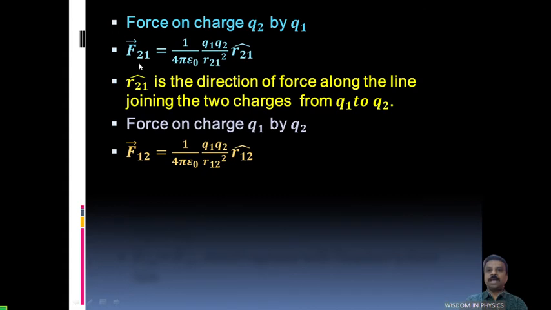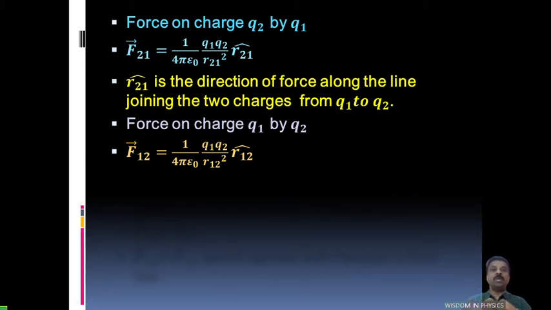Here the force is acting on the charge 2, so it is represented as the F21 vector. The force is towards the charge Q2. But here the force acting on the charge Q1 by Q2 is represented by the F12 vector, which is equal to 1 upon 4 pi epsilon naught Q1 Q2 by R12 square R12 cap.